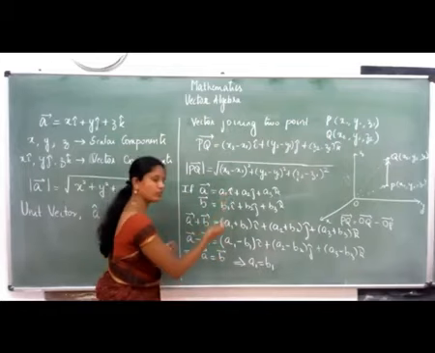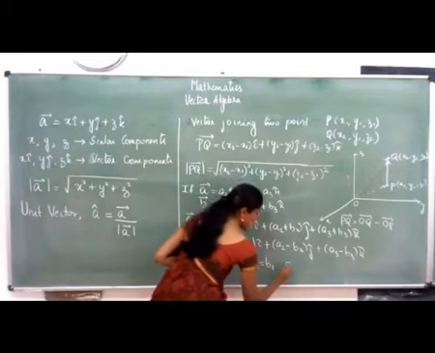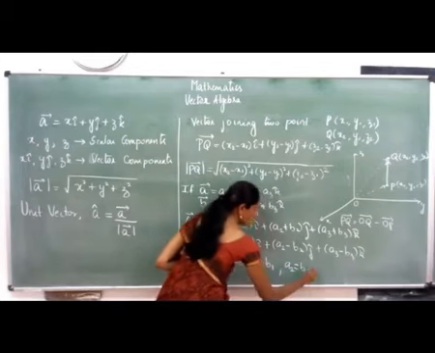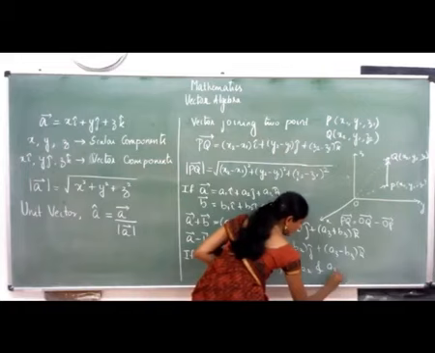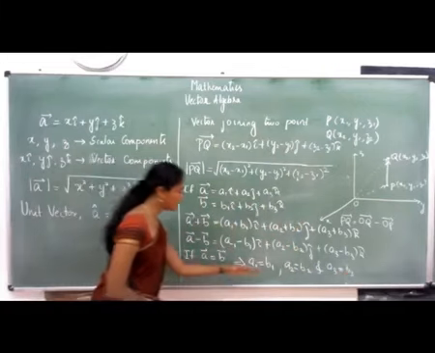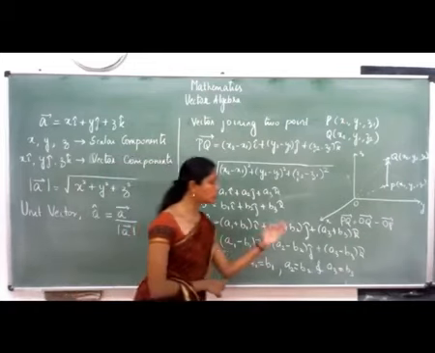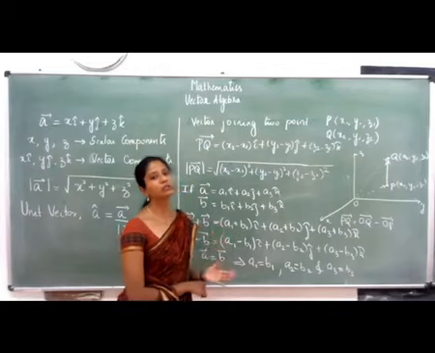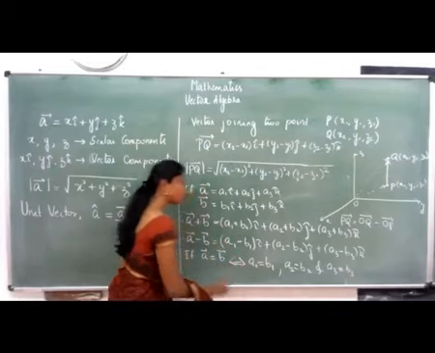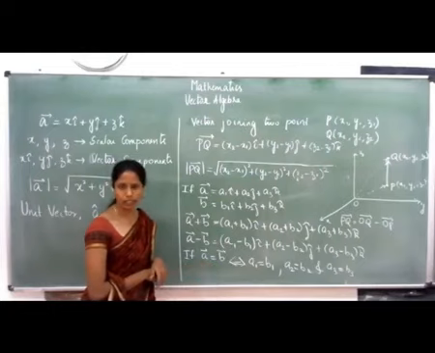That is, the i components of both vectors should be the same, and also A2 should be equal to B2, and A3 should be equal to B3. So if these three things hold, that is A1 equals B1, A2 equals B2, and A3 equals B3, this also implies that the two vectors are equal.